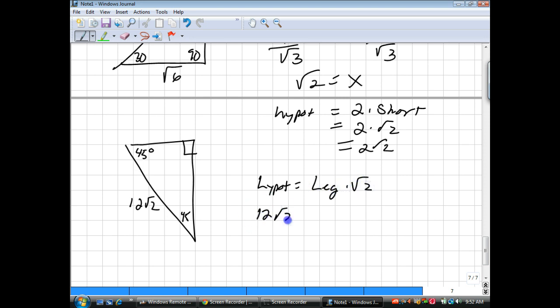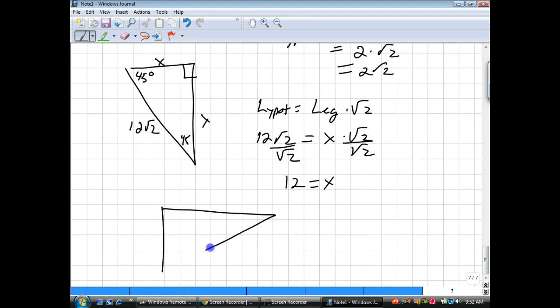So 12 square root 2 equals x times square root 2. So 12 equals x. So each leg has to be 12. Okay.